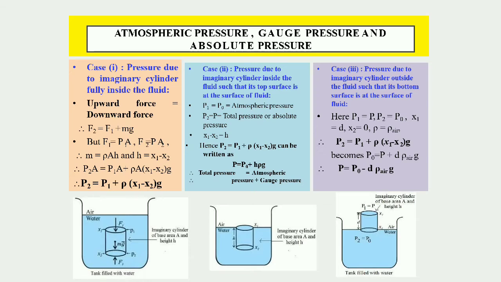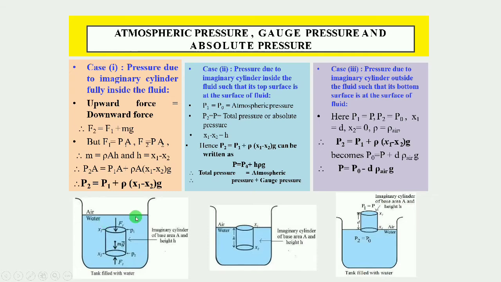For this imaginary cylinder, we consider an area of cross section A. For the top face we consider A1, and for the bottom face we consider A2.